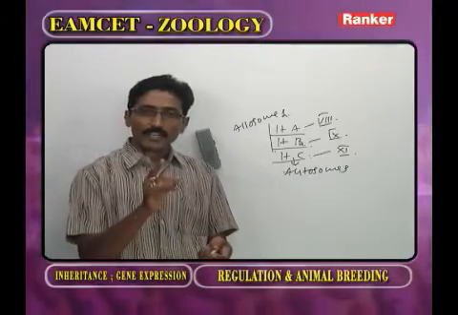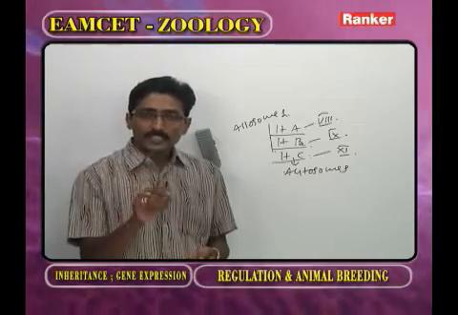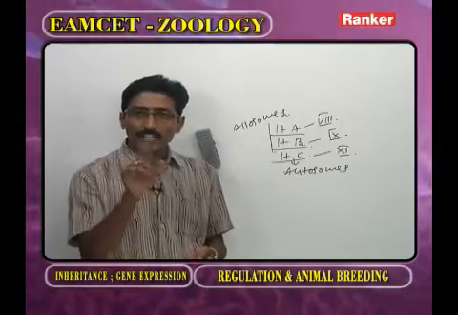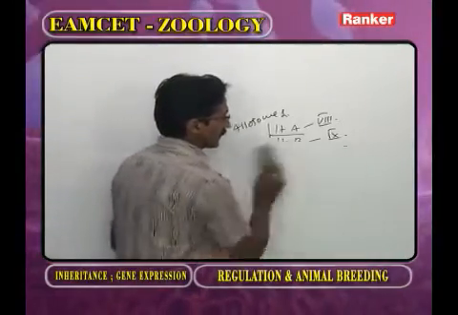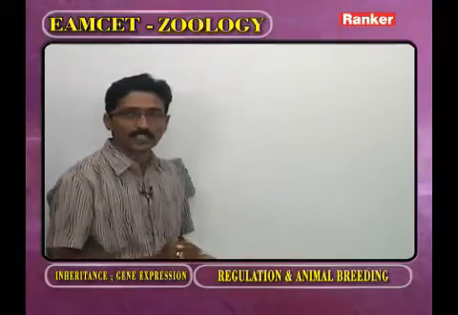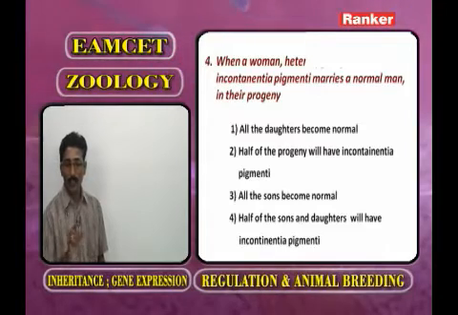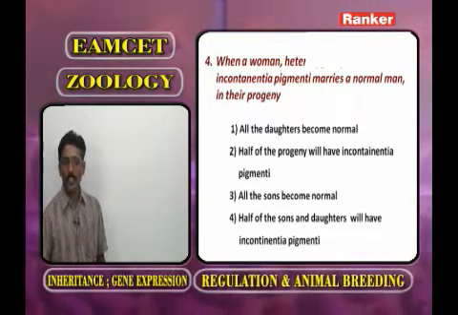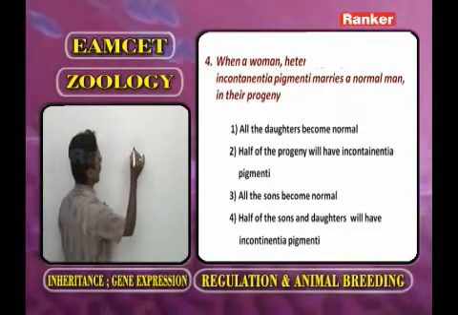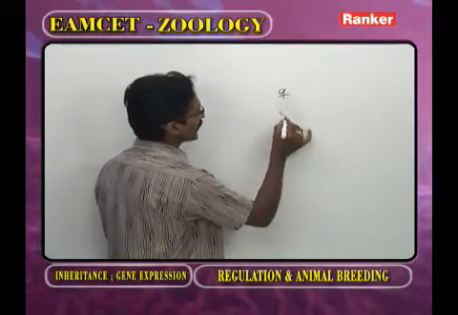The gene responsible for this disease is dominant. This dominant gene is present on the X chromosome. So the gene for incontinentia pigmenti is present on the X chromosome. It is dominant. Here what we are asking: a woman heterozygous for incontinentia pigmenti. Now the female suffering from incontinentia pigmenti, what is the genotype?